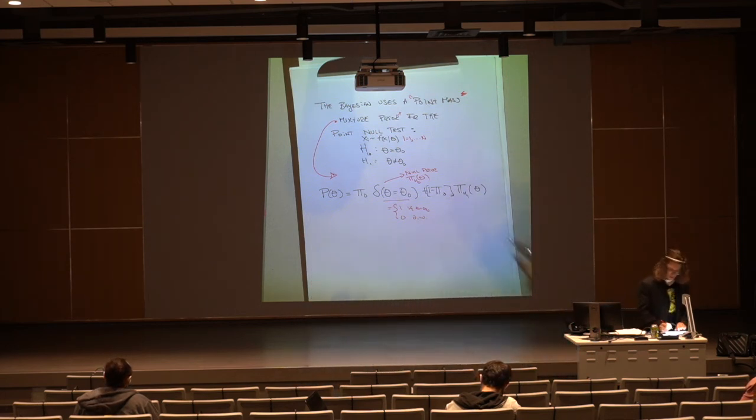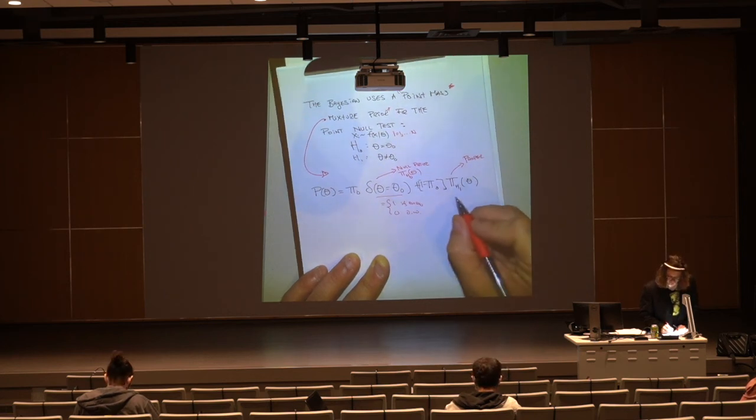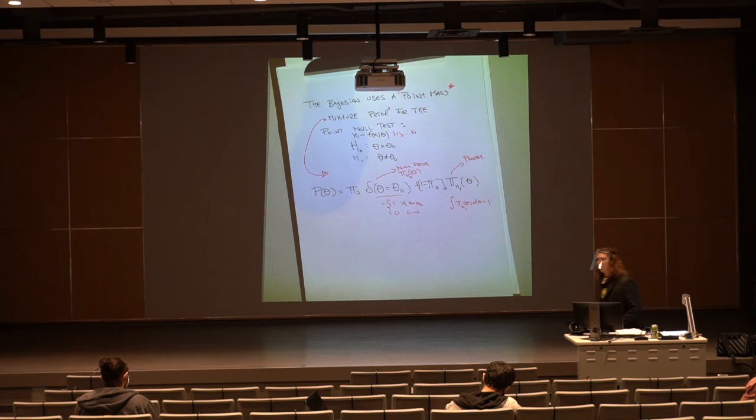And this needs to be proper as well, so I'm just going to have one restriction on this thing. The integral of this is equal to 1, so it's proper and it's normalized. And so the integral over this whole thing right here is going to be 1.